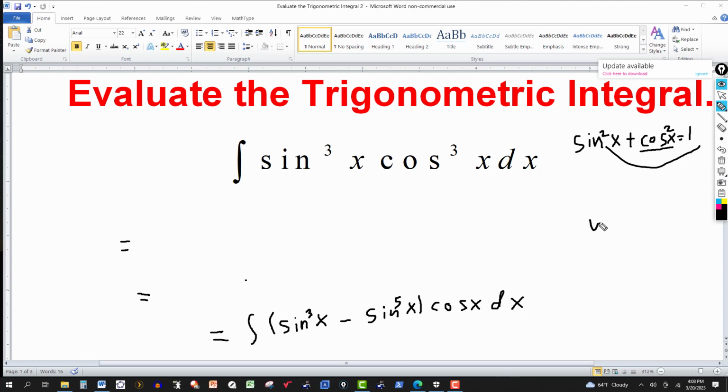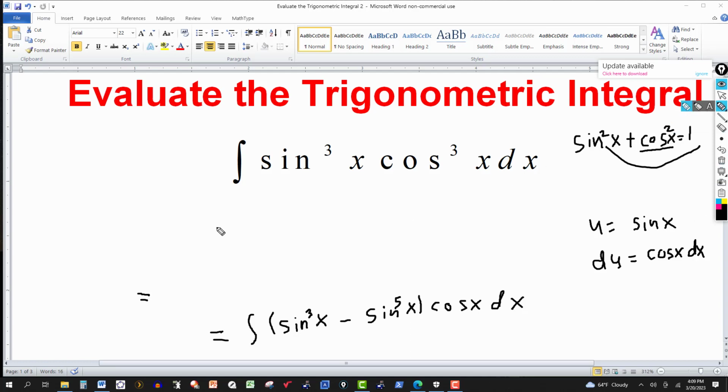So let's let u equal sine of x, and then du will equal the derivative of sine, which is cosine of x, dx.